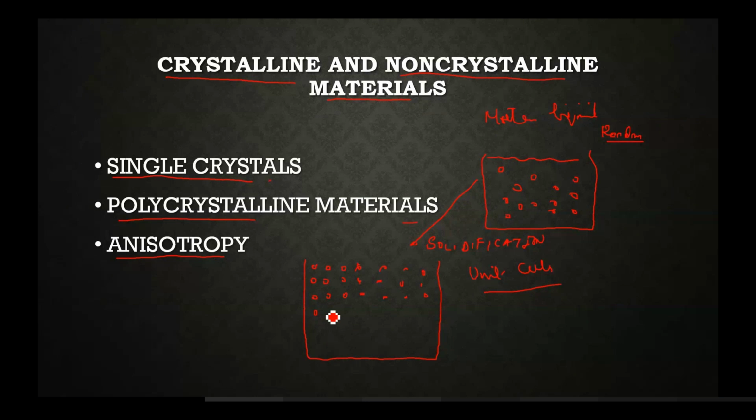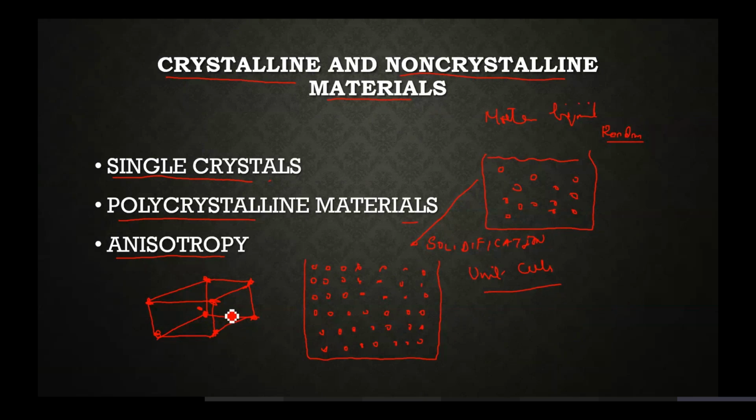Now, if that arrangement is uniform, although if I draw a unit cell over here, let's say a body-centered cubic arrangement, I have 8 corners and 8 atoms at the corners and one at the center.